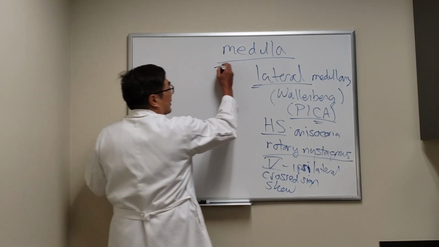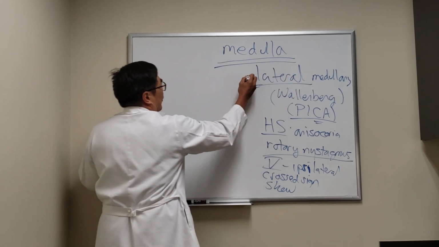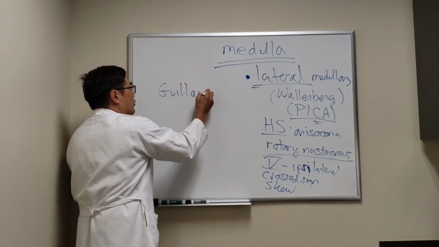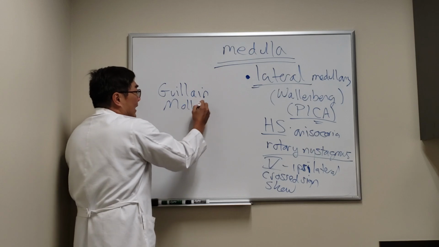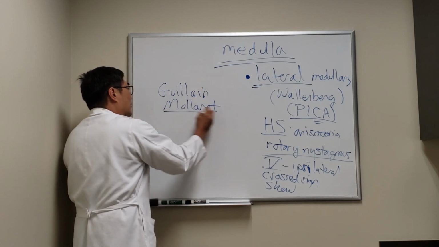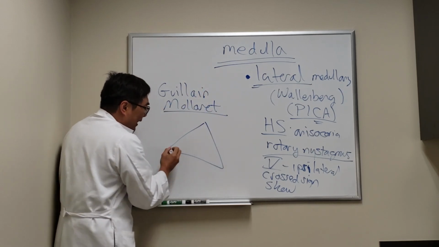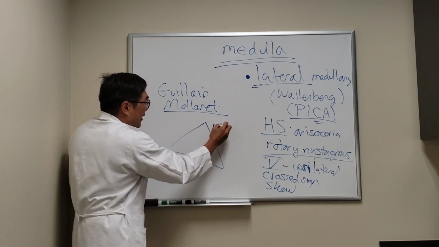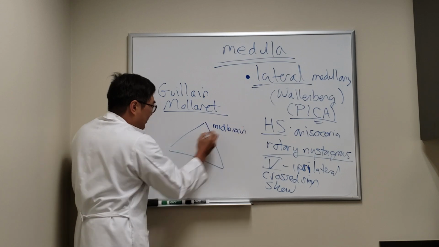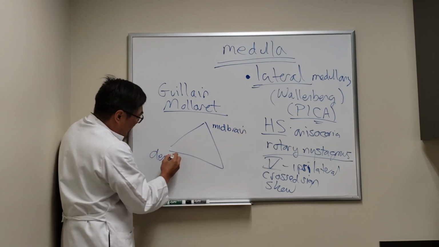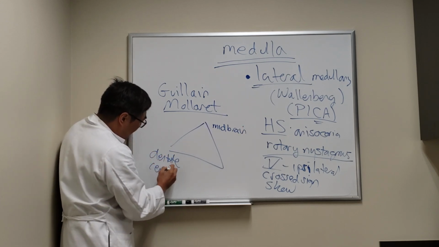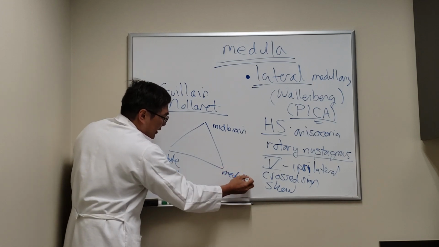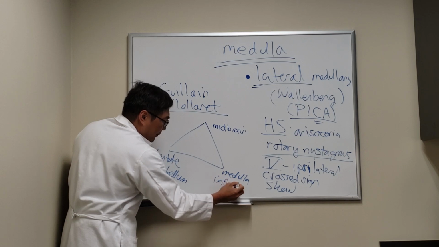The other thing that you need to know about for the medulla for neuro-op is the Guillain-Mollaret triangle. So in the Guillain-Mollaret triangle, we have any lesion that can extend from the red nucleus in the midbrain all the way to the dentate nucleus into the cerebellum and down to the medulla, which is called the inferior olive.